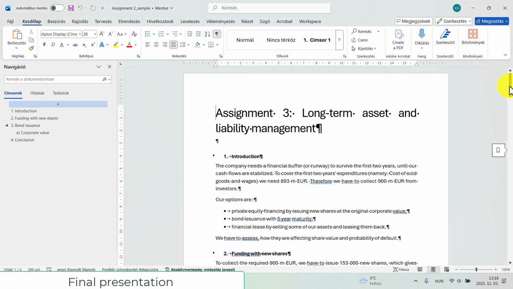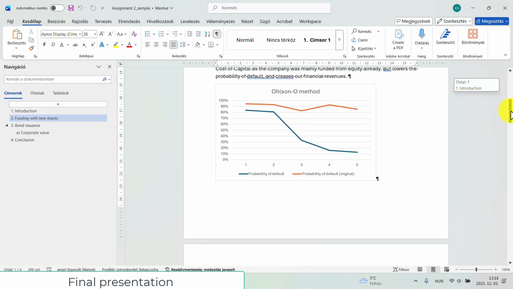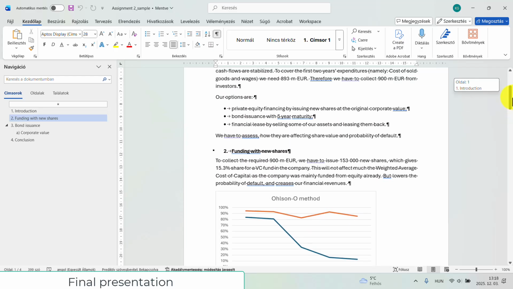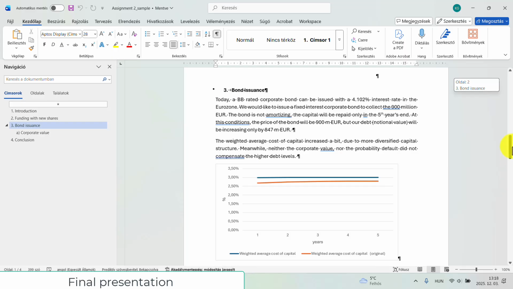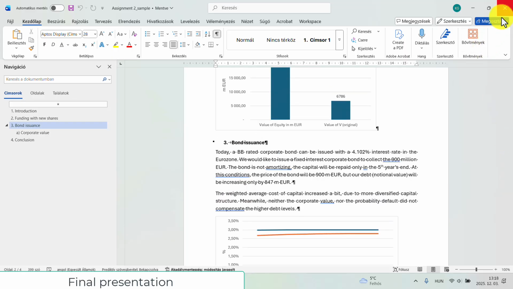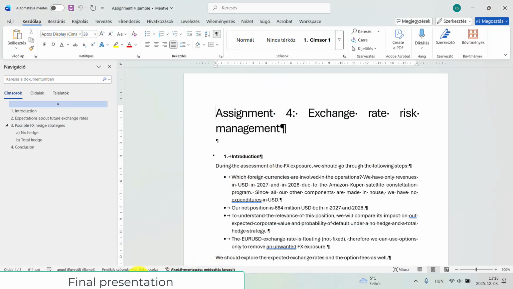Practically, assignment 2 is not necessary, because assignment 2 only prepares assignments 3 and 4, so we are not relying on data from that one. I can close this one.